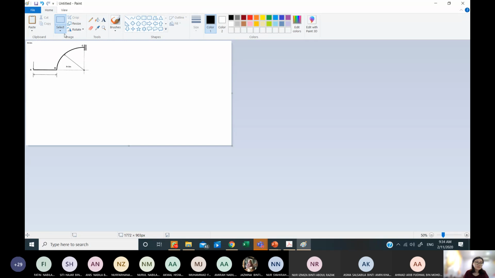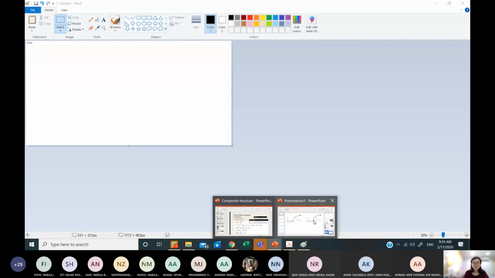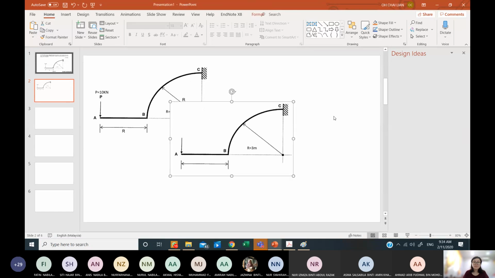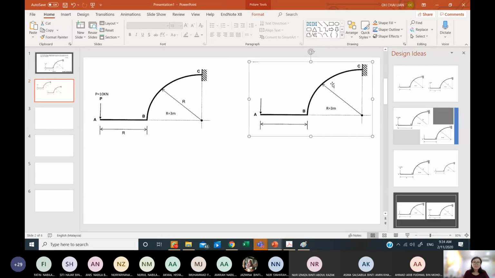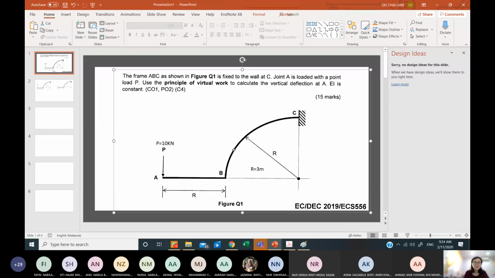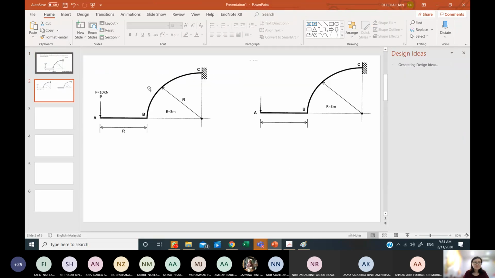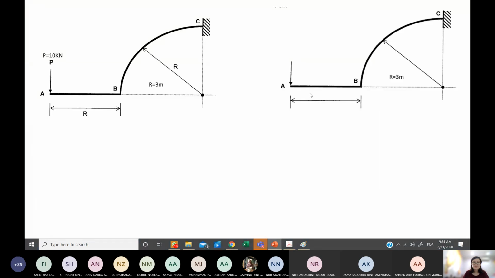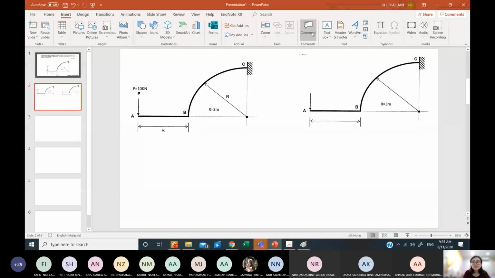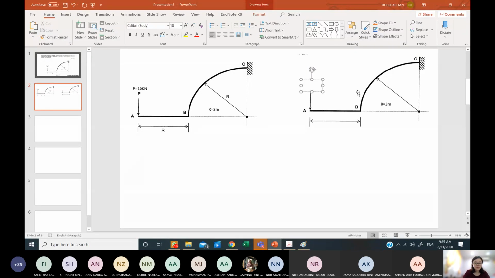Move the... okay, so this is your virtual structure, and still 3 meter.